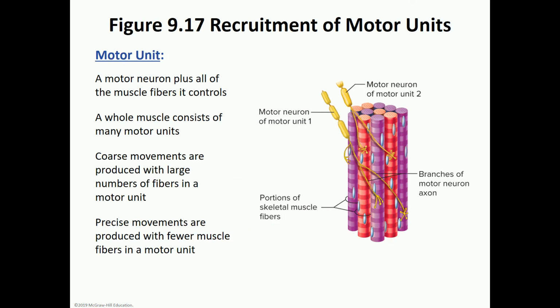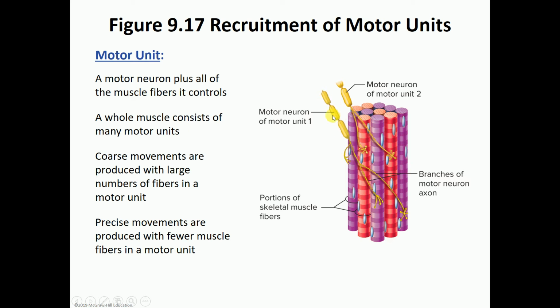Now for recruitment of motor units. So what is a motor unit? We talked about a motor nerve, we talked about muscles, muscle fibers, but we never mentioned a motor unit. So the motor unit is the motor nerve plus the muscle fibers that it innervates. If we take a look at motor unit number 1, it's made out of that motor neuron and these purple fibers.